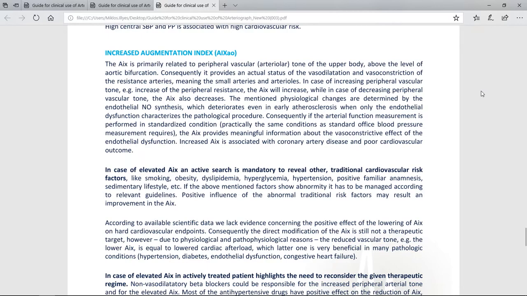According to the available scientific data, we lack evidence concerning the positive effect of lowering the augmentation index regarding cardiovascular endpoints. Consequently, the direct modification of the augmentation index is still not a therapeutic target. However, for physiological and pathophysiological reasons, a reduced vascular tone and a lower augmentation index are equal to lowered cardiac afterload, which is very beneficial in many pathologic conditions such as hypertension, diabetes, endothelial dysfunction and congestive heart failure.